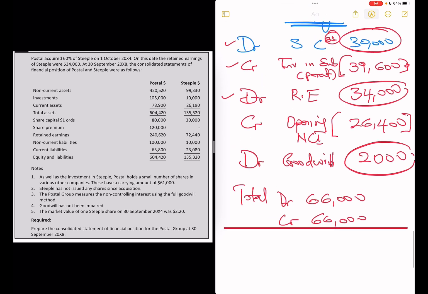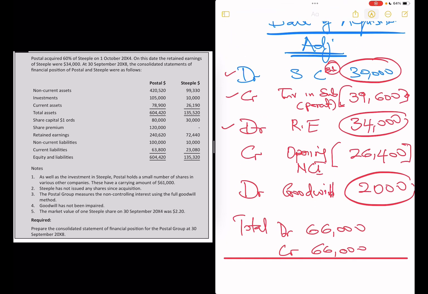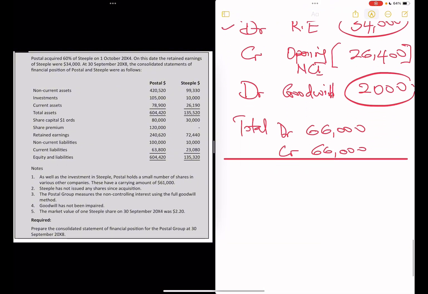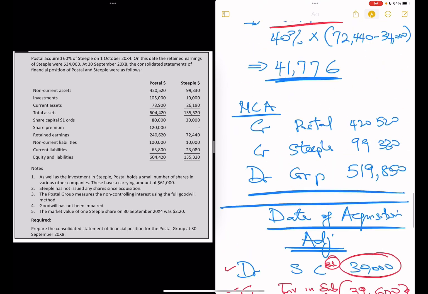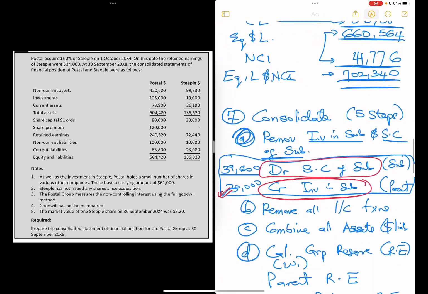This is the complicated part of consolidation. Once you do this, take for instance the closing NCI. What you are doing to get closing NCI, you are saying what is the retained earnings from subsidiary after acquisition, share it into 2, 40% to NCI, 60% to parent. So for post-acquisition retained earnings, debit that retained earnings from the subsidiary, then take 60% to group account, which is what we did here when we calculated the group retained earnings.